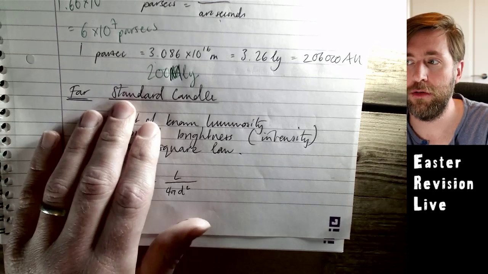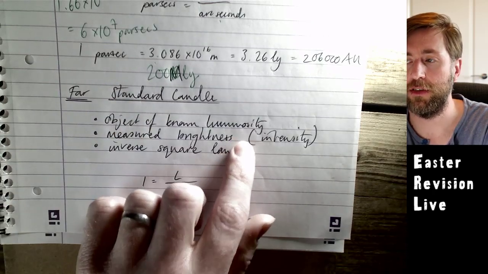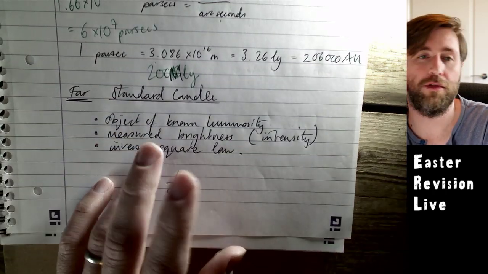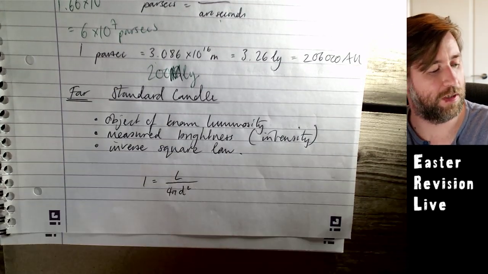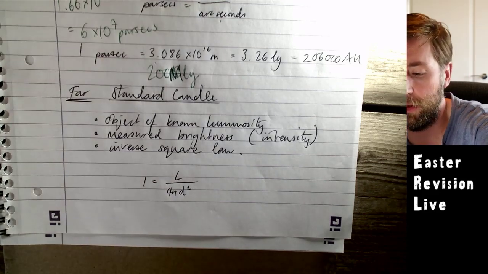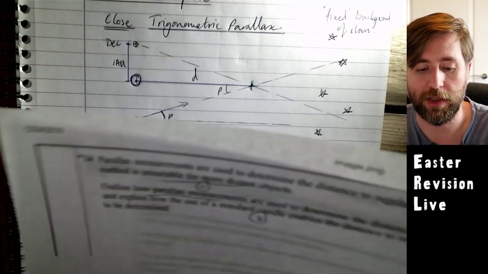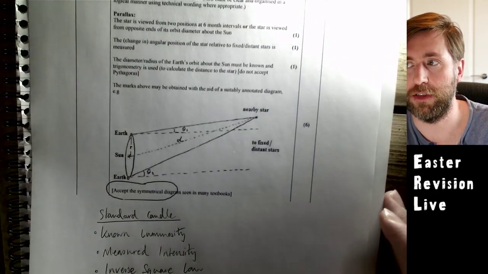And look, exact same thing every single time. Known luminosity, measured intensity, and then the inverse square law. You can say measured brightness if you like as well. And then this is the equation that you get, the formula sheet, which I showed you earlier. That will be a kind of perfect 6-mark answer for this.